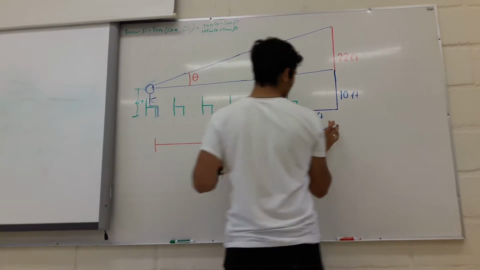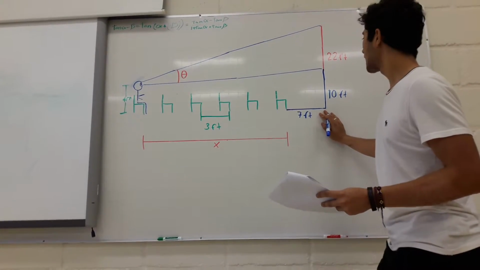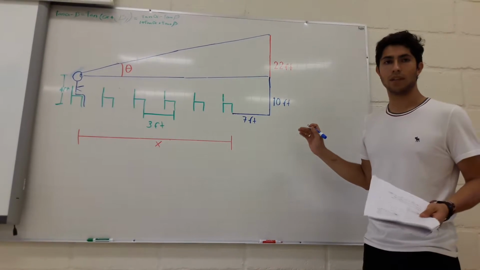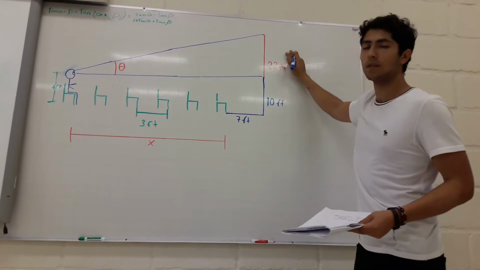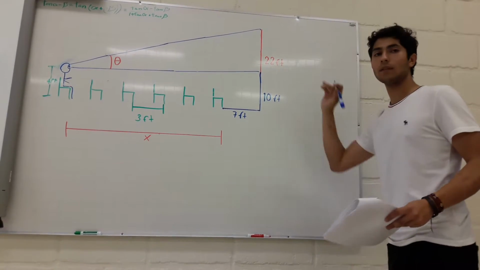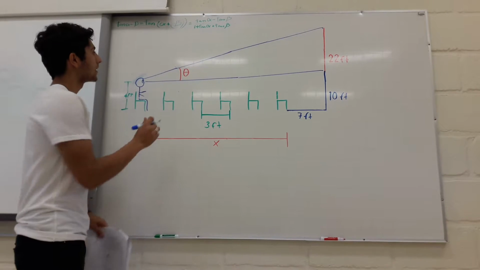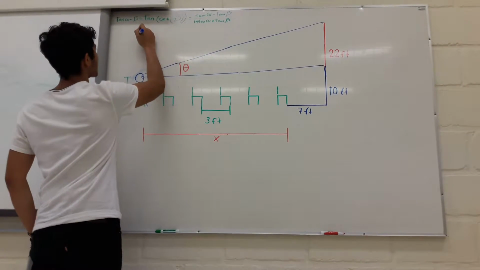Okay, let's imagine that there's 7 feet from the board to the first row. This is a movie theater, okay? It's 22 feet, okay? Now, how to solve it is the question. We want to show that this angle is represented like this.